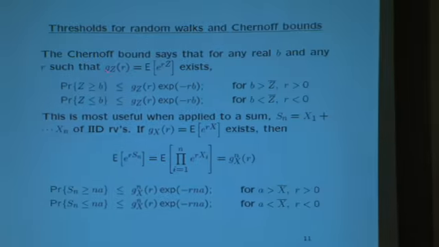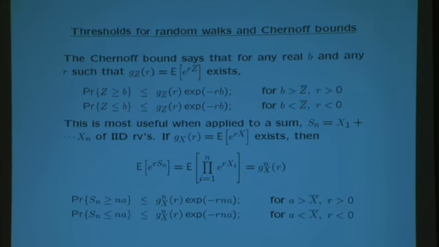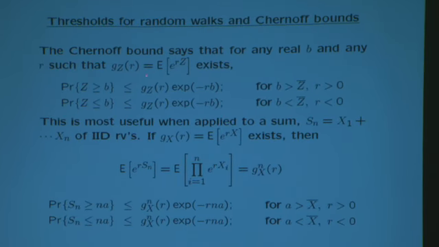If you take the derivative with respect to r, evaluated at r equals 0, you get the expected value of z. If you take the second derivative, evaluated at r equals 0, you get the expected value of z squared, and so forth. You can see that by just thinking of taking the derivative.